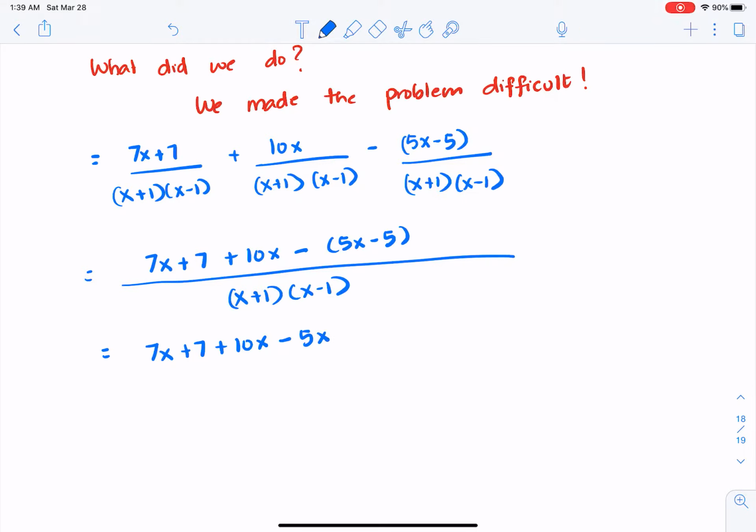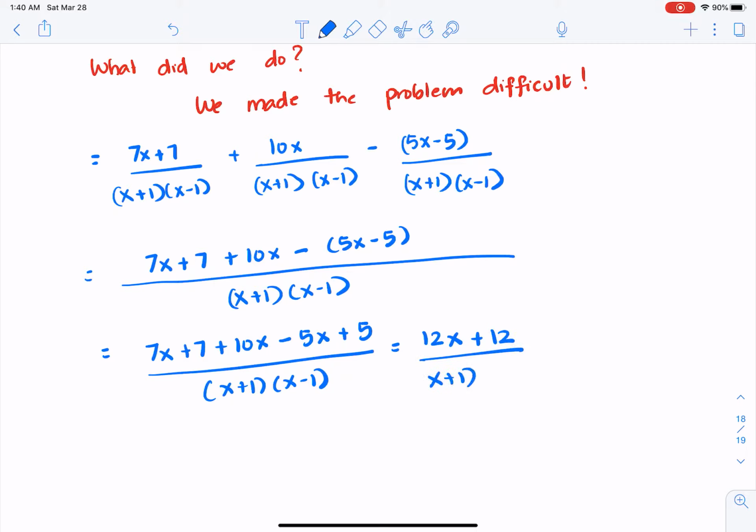We have negative 5x plus 5 divided by x plus 1 times x minus 1. 10x plus 7x is 17x. 17x minus 5x is 12x. 7 plus 5 is 12, divided by x plus 1 times x minus 1.